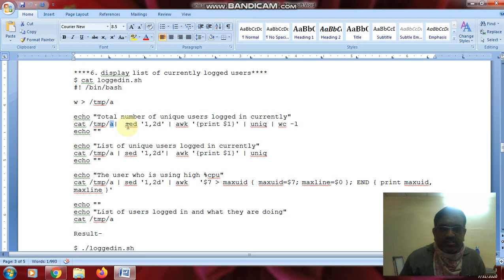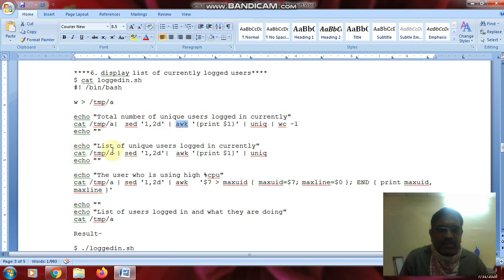Next, suppose SED is also a user, and AWK is a user. So like that, so many users are there. Unique is a user. Word count, WC, is a user, for example. So these are all users in that particular time slice period.